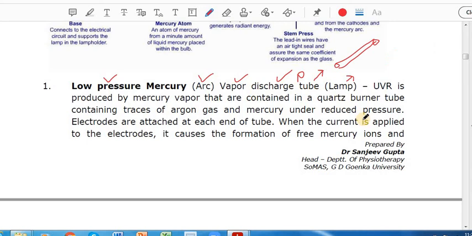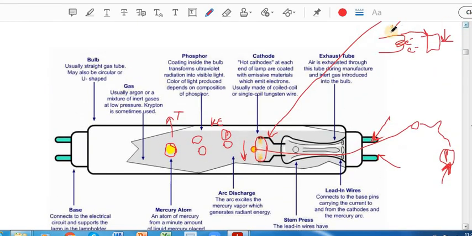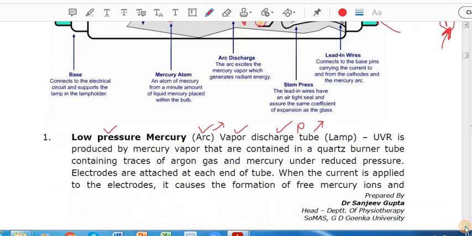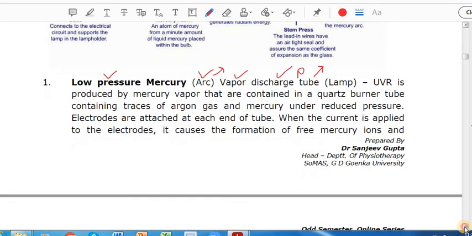That is something less technical. And the arc, you say, because there is a thermionic electronic arc produced. There is an arc which can be seen here. This is the arc you are having. So that is the complete dissection of this long term low pressure mercury arc vapor discharge tube lamp. I think I've tried to split it into each and every word's explanation.